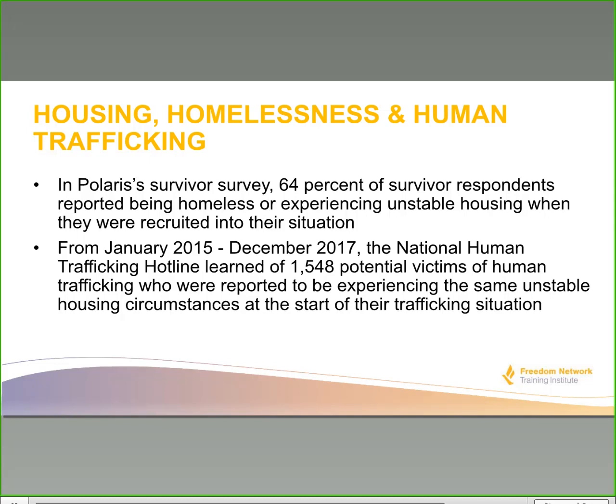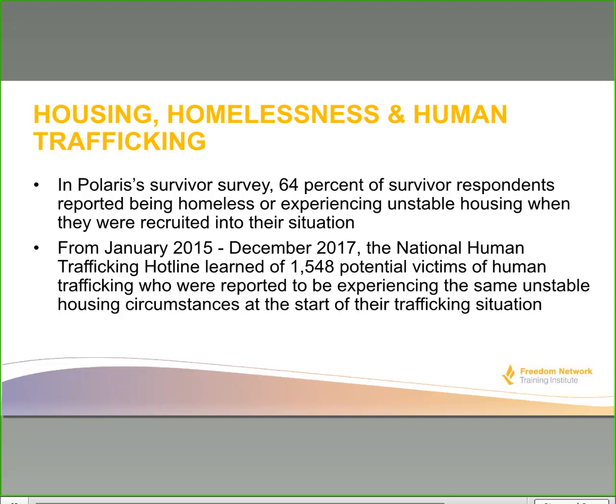So what we're seeing before us is a 2018 research project brought to us by Polaris. It's called On-Ramps, Intersections, and Exit Routes. And in this research project, 127 survivors were surveyed, and 64% of the respondents reported being homeless or experiencing unstable housing when they were recruited.